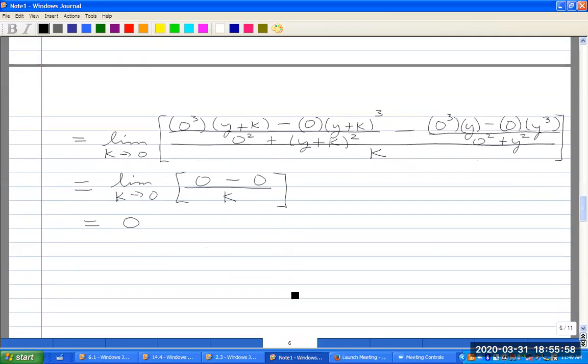Now let's see the mixed partials. So partial f of x, y. So it'll be some limit, 0, k. So we'll have to do the 0 and the k on the other side.